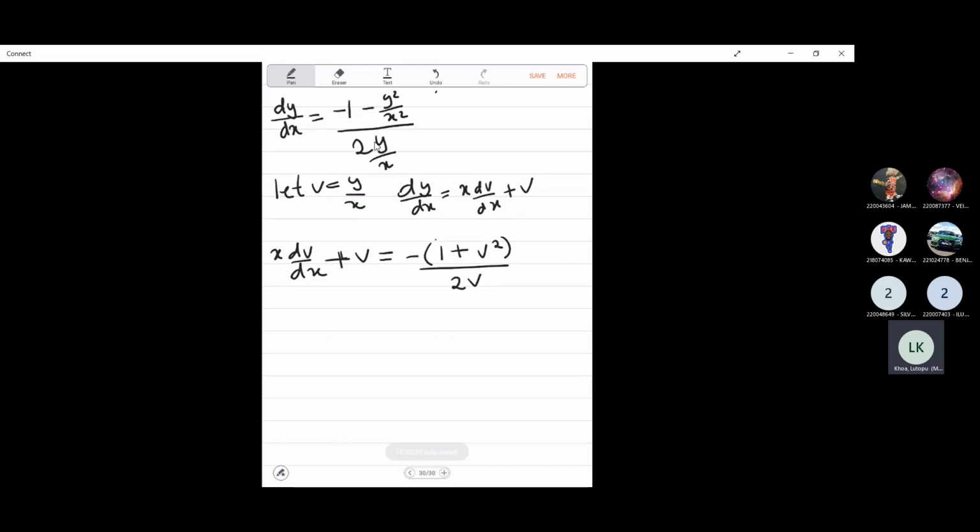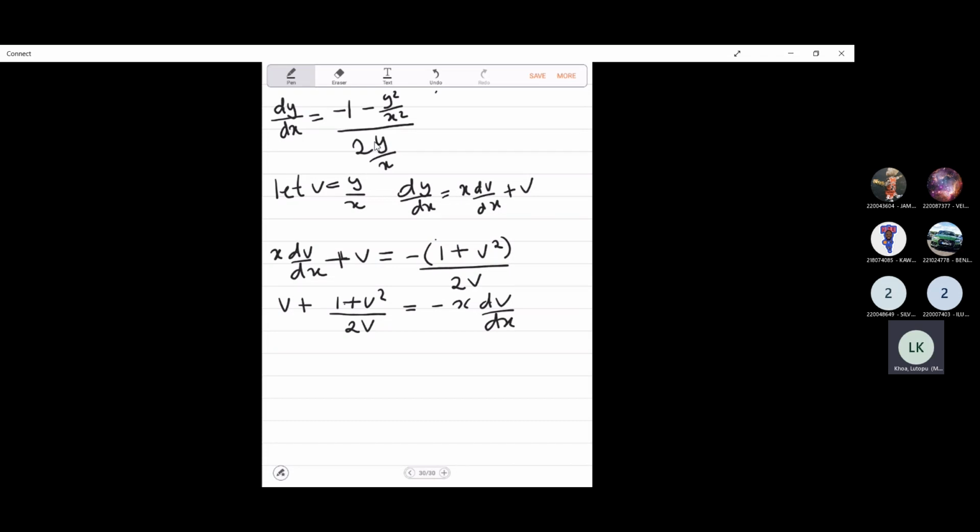Okay, then I will have v plus (1 plus v squared) over 2v. This is minus x dv/dx.